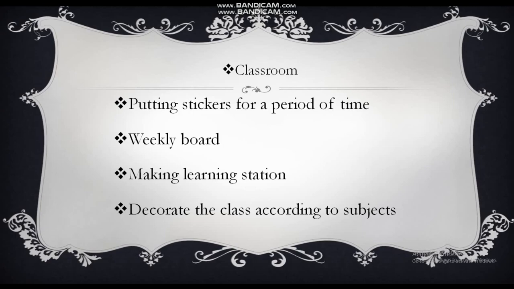The last thing is to decorate the class according to the subjects. As a teacher, you have to put this in mind. The way you decorate the class has to be according to the subjects they have. For example, you cannot bring something for grade 3 and decorate for grade 1.